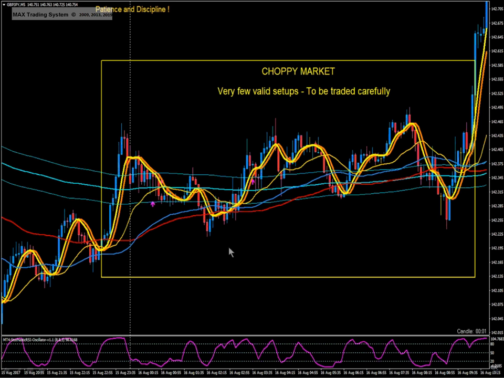And I have mentioned a very specific price mode, the choppy market, the choppy zone. The choppy market is one of the most difficult market conditions to trade. And we have several criteria to recognize when the price is in a choppy market.